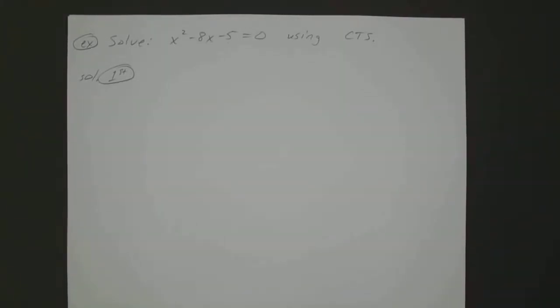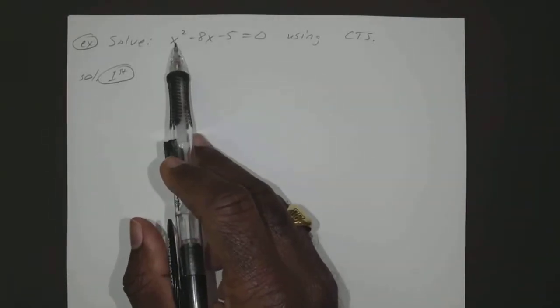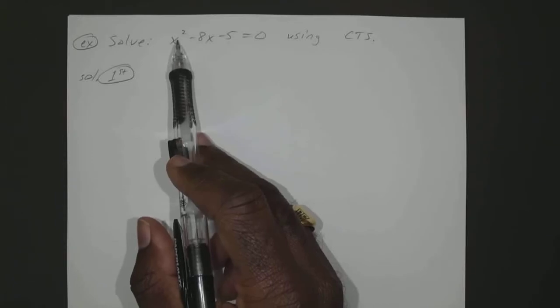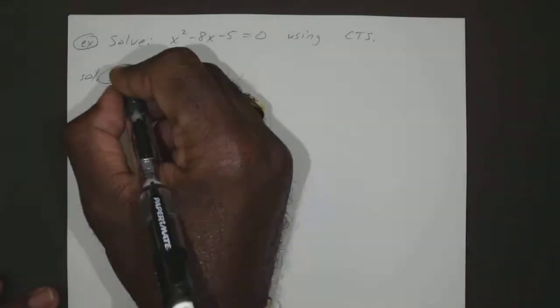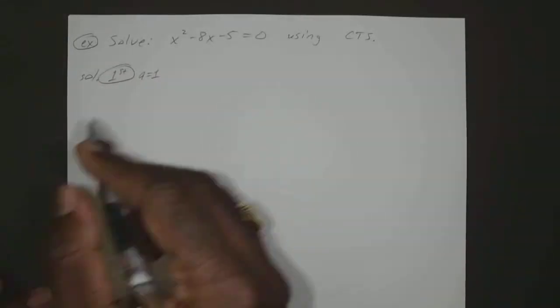Okay, so your first step is to check and make sure there is nothing in front of the x squared. So there's nothing in front of the x squared, so you can skip the first step. It equals 1, so you're good there.